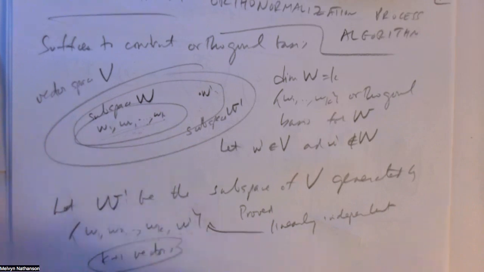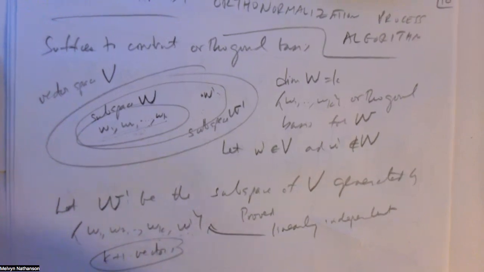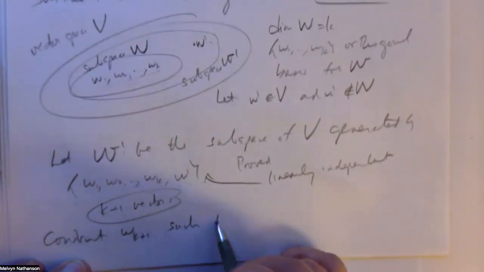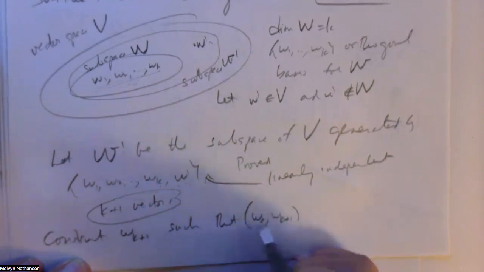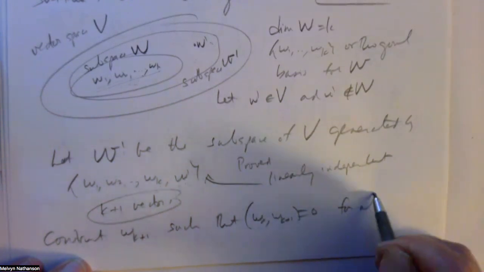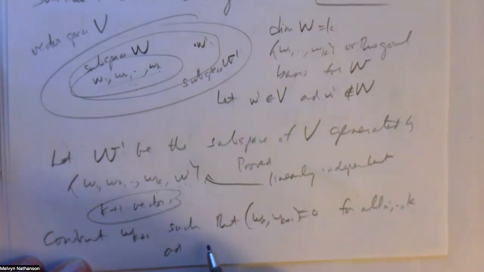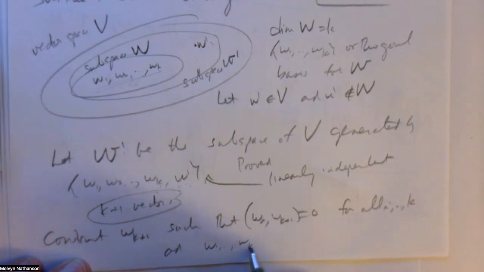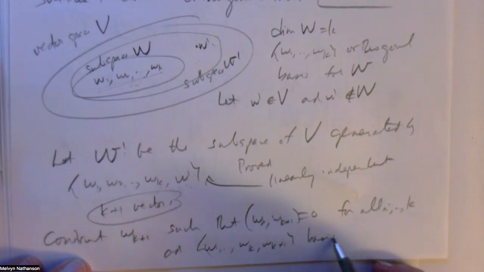So I want to construct wk plus 1 such that the inner product of wi and wk plus 1 is 0 for all i from 1 up to k, and the set w1 up to wk plus 1 is the basis for this larger space w prime.